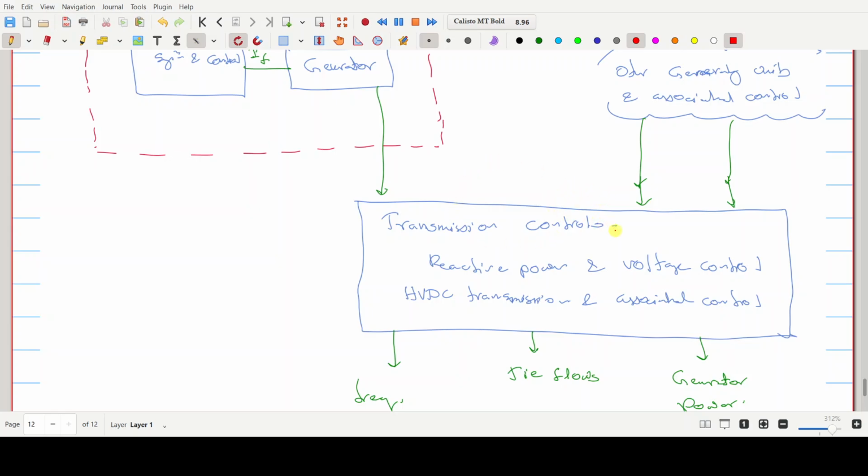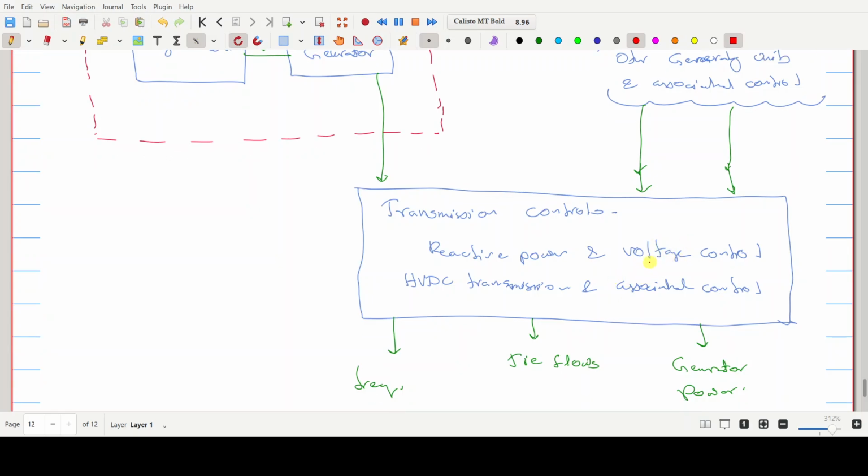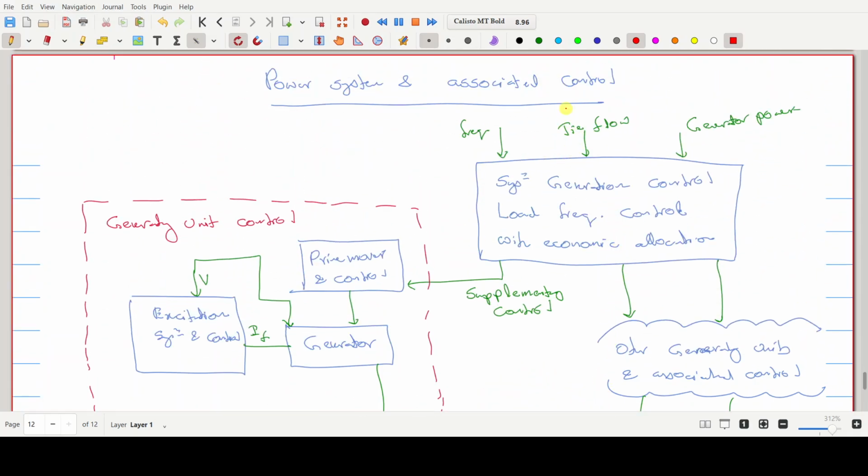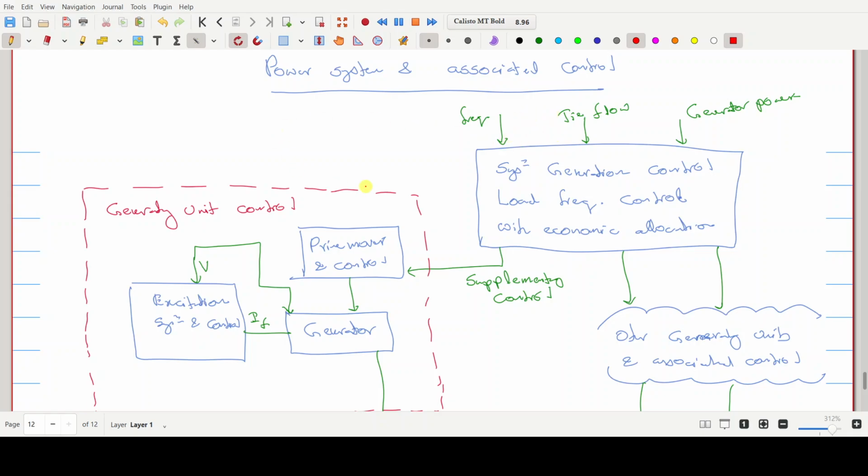So sometimes you need to control the transmission power flow, etc. So there will be a transmission control as well, for an example, the reactive power control and the voltage control. And if you have HVDC transmission, there will be an associated control for that as well. So there are a lot of controls happening in the power system.